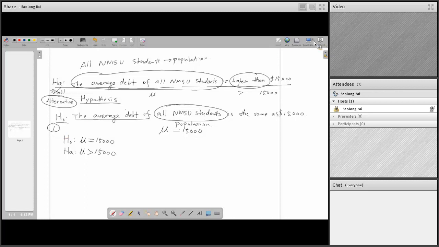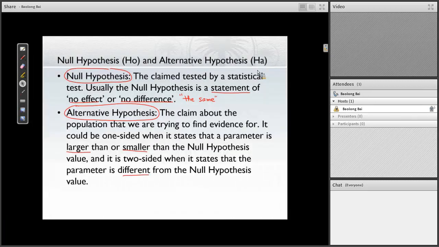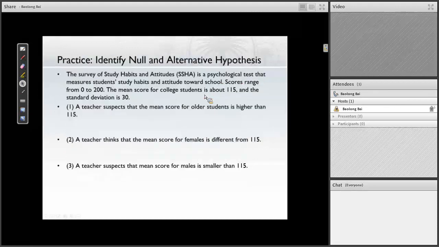So let's look at a practice. This is the easiest step in some sense, I think. So for example, we have a practice here. We need to identify the null and alternative hypothesis after you read the problem for each of the questions. So the survey of study habits and attitude, SSHA, is a psychological test that measures student study habit and attitude toward school.